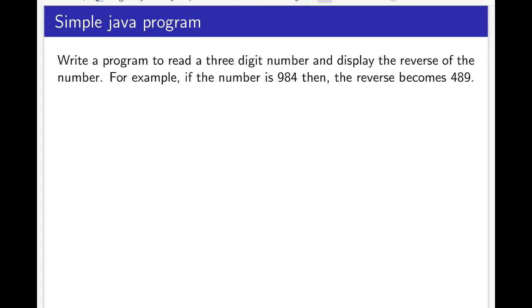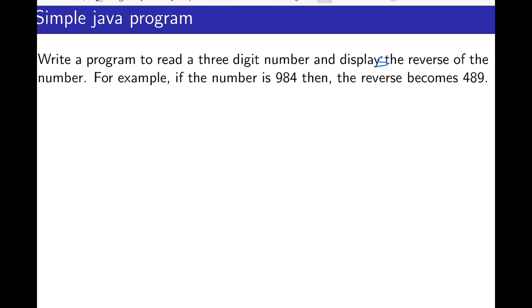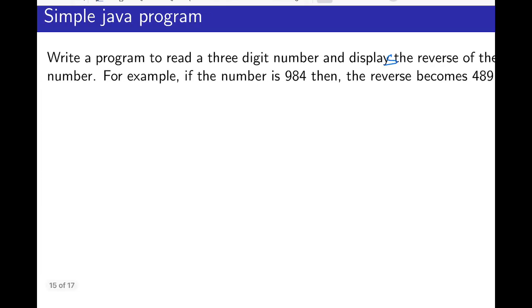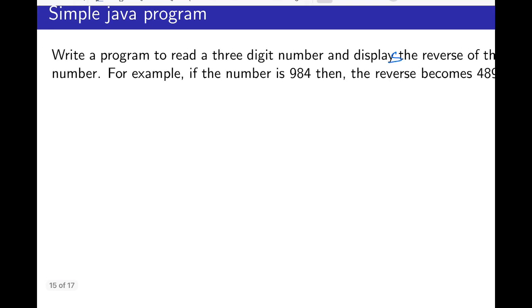Now we will see another program that is going to read a 3-digit number or 3-digit integer and display the reverse of the number. If the number is 984, the reverse becomes 489.